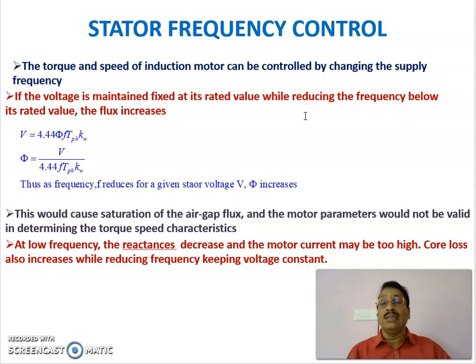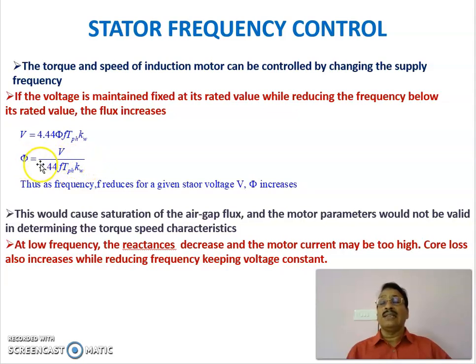Therefore, if the voltage is maintained fixed at its rated voltage while reducing the frequency below the rated value, then flux will be increasing. As you know, the voltage per phase can be equated to 4.44 f T phase into kW, where kW is the winding factor, T phase is turns per phase, and the flux is per pole. So flux per pole equals voltage divided by 4.44 f into T phase into kW, in which 4.44, T phase and kW are constants.